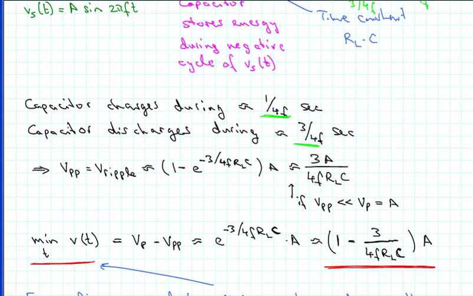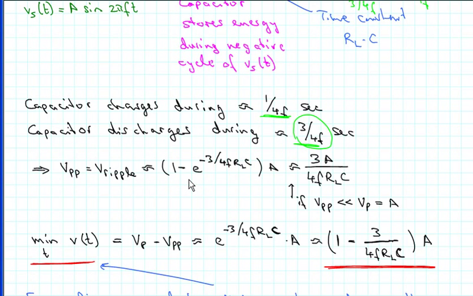So now, because the discharge of the capacitor through the resistor has a negative exponential form, we can write that the peak-to-peak voltage or ripple voltage is equal to 1 minus e to the minus 3 over 4f RLC, times A, where the 3 over 4 comes from the fact that we had about 3/4 of the period discharge of the capacitor, and then RL times C is the time constant, and we basically have to compare that time constant to the frequency, essentially looking at how much of a period for a given frequency that time constant is equal to.